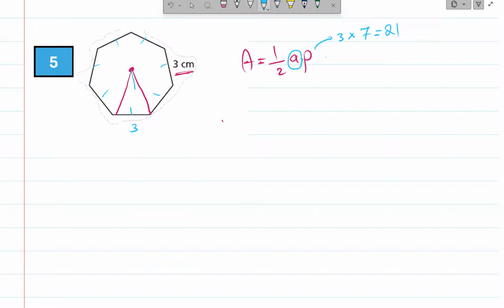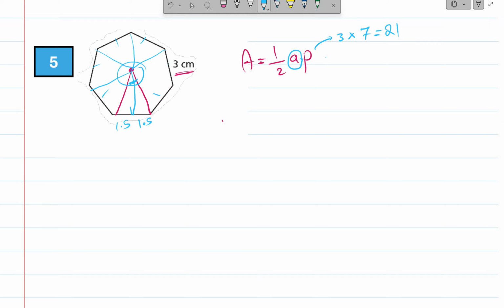So here also 3. When you draw a line, it becomes 1.5 and 1.5. Correct? How about the angle? Here, how much is the angle? So find out the center angle. If you remember, when you join all the vertices with the center, this is the center angle, right?